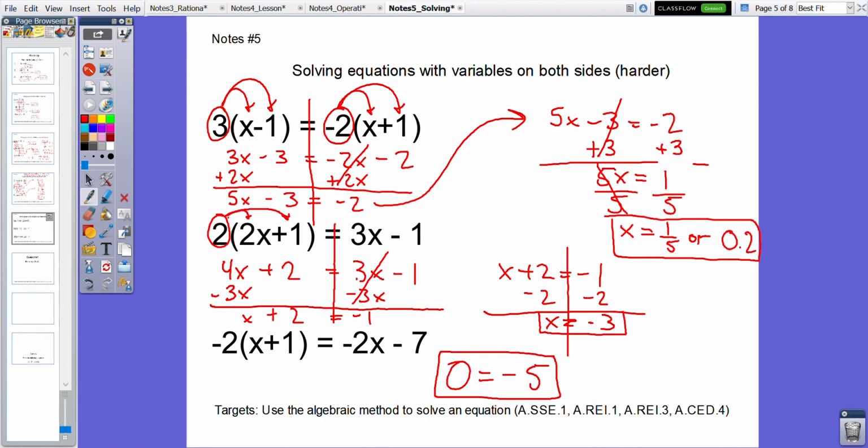Now wait a minute here. 0 and negative 5, they're not equal. So that's a false statement. That means that we have to have a conclusion here. This is what we call a special solution. And because this is a false statement, that means that there are no solutions to this equation. Okay? So that's our conclusion for this example.